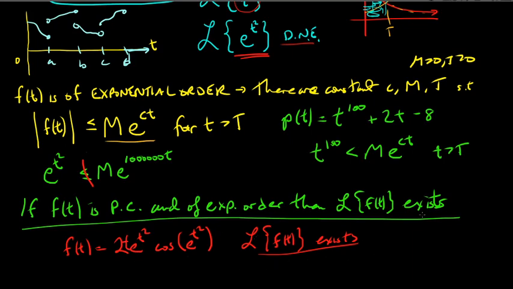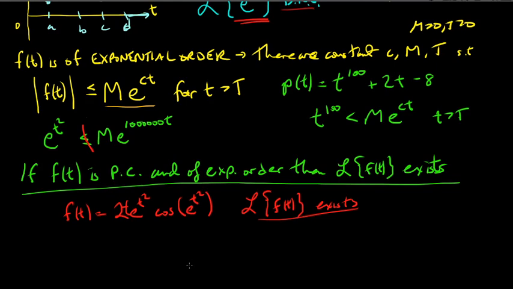Chain rule, right? And then again, there might be other functions that are not piecewise continuous. They might have a vertical asymptote. It turns out that the function g of t is equal to t to the negative 1/2, which is 1 over the square root of t.